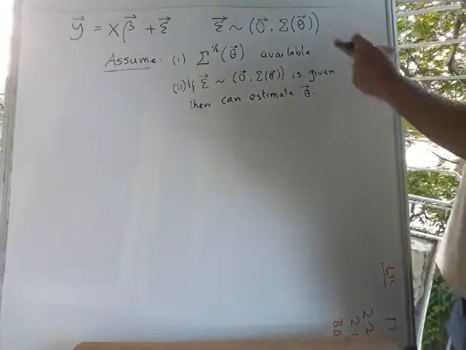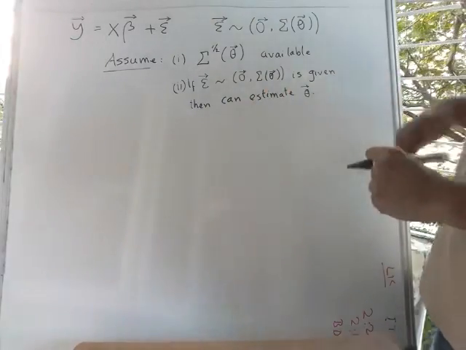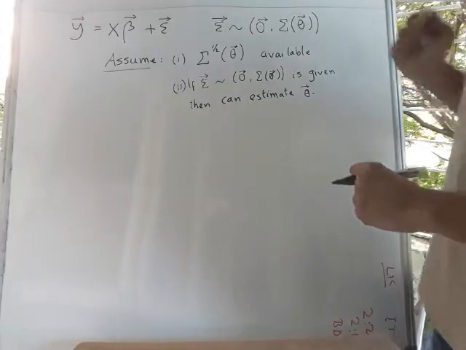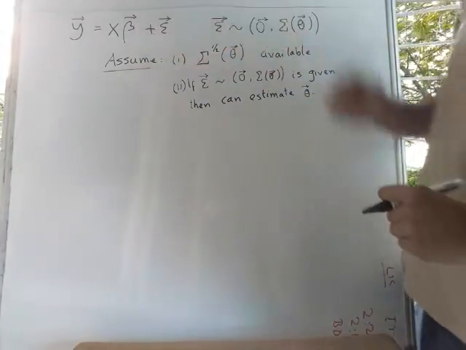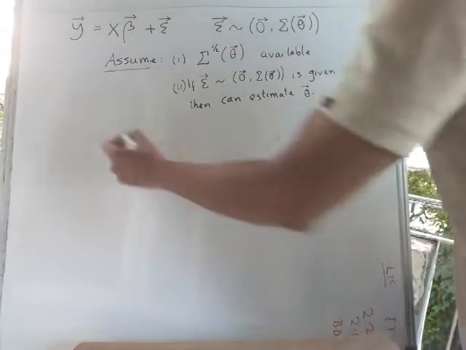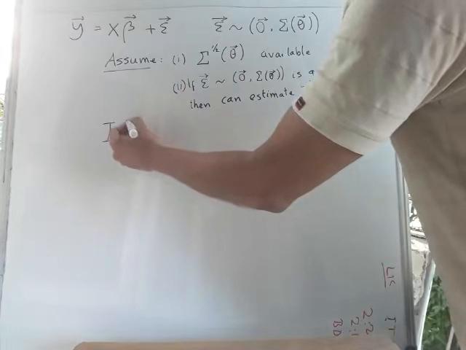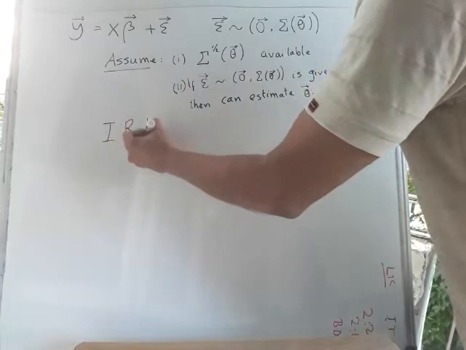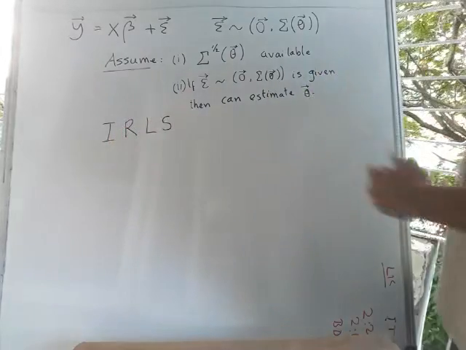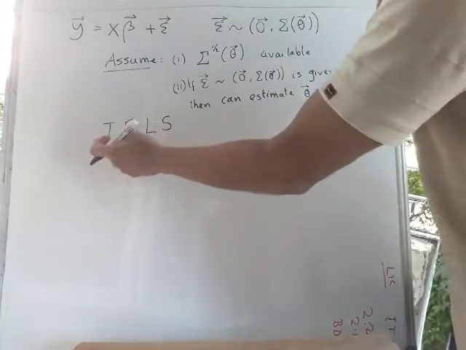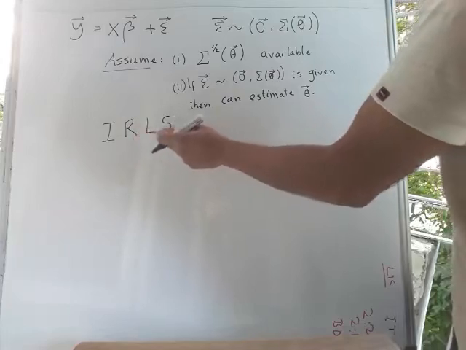So if these two assumptions are met, then there is a very simple way by which you can estimate this beta. And this technique that we are going to learn is called iteratively reweighted least squares.